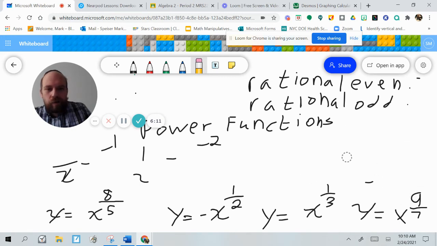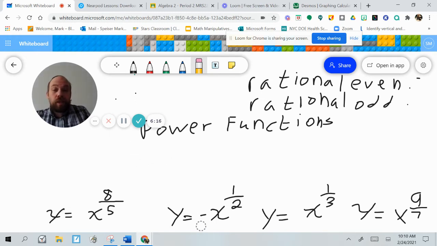What about fractional powers? Now, those have many different cases, mainly 4 different possibilities. One where the bottom number is even, and one where the bottom number is odd.